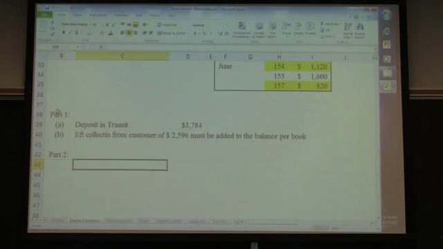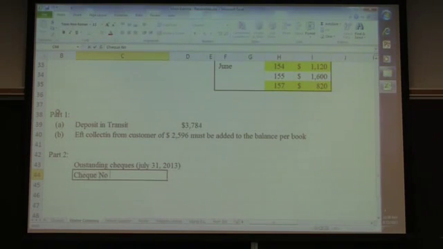The outstanding checks at the end of July 31st, 2013 would include check number 155 in the amount of $1,600.